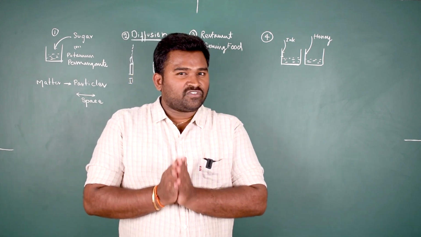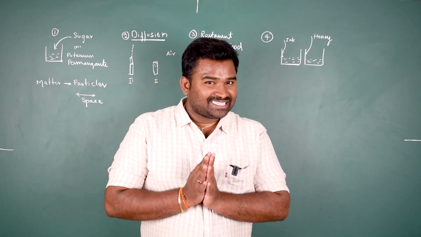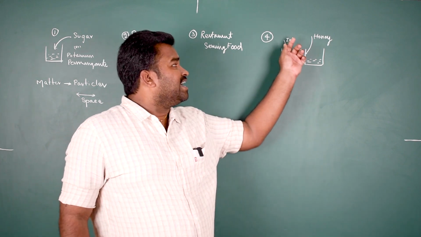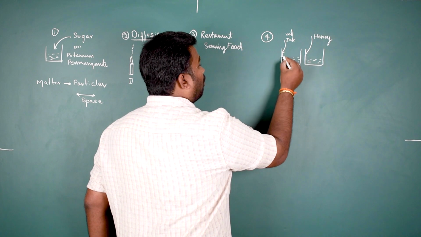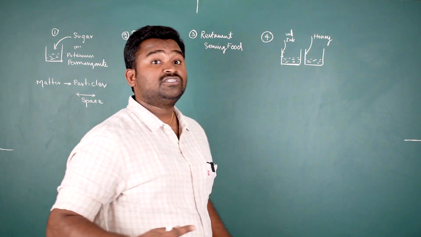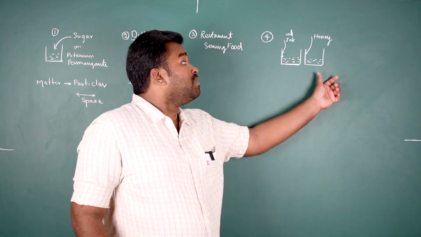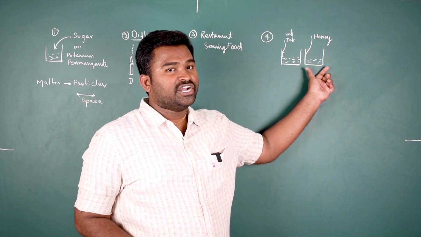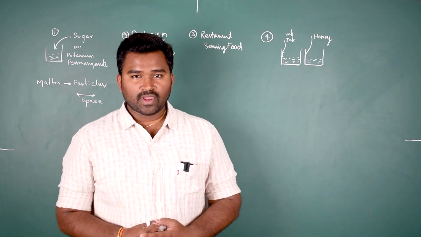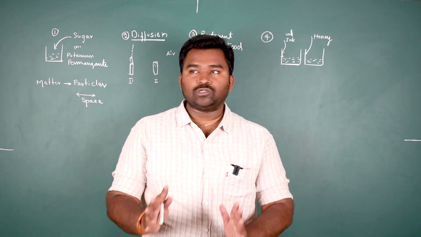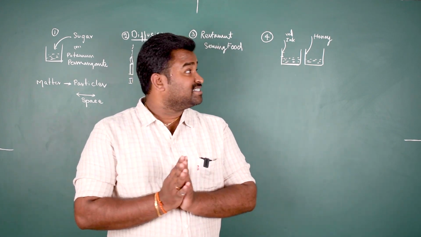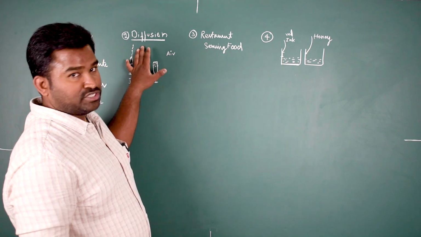But I have a question for you. You will see the color of the ink, for example, if it is red in color, the whole water starts to get red before honey actually gets dissolved into this water. How is that possible and why is that possible? Here also, the reason behind this is diffusion.